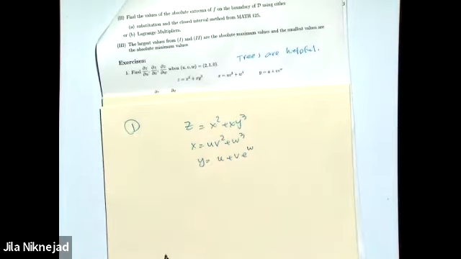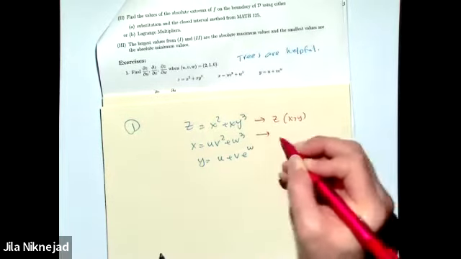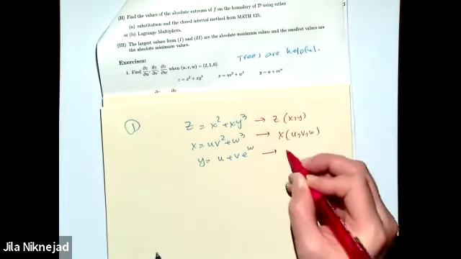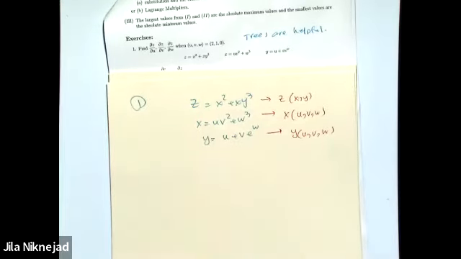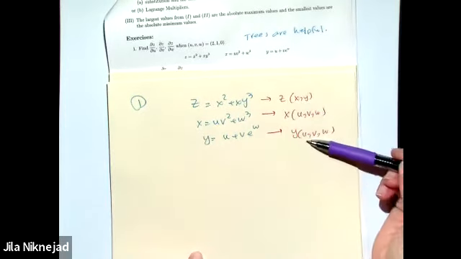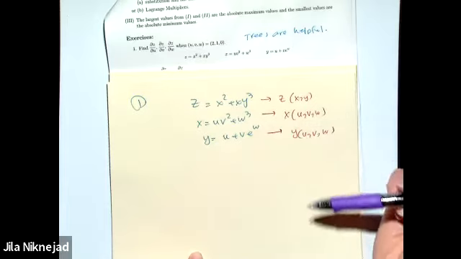What I see is z is a function of x and y. X is a function of u and v and w. And y is a function of u and v and w. I start from the very top, so the very outer function. So the very inner are u, v, and w, then x and y come, then z comes, right?